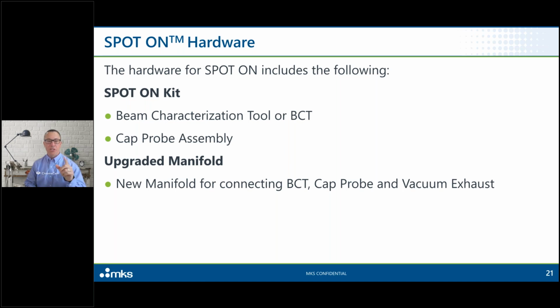And then with the upgraded manifold, it gives us the ability to have an actuated debris exhaust valve, which is an important feature for Spot On, because it allows us to maintain when that debris exhaust valve is open and closed during processing.